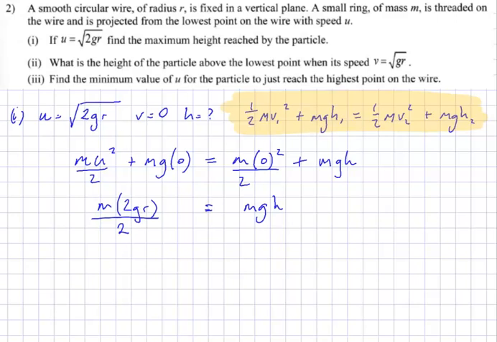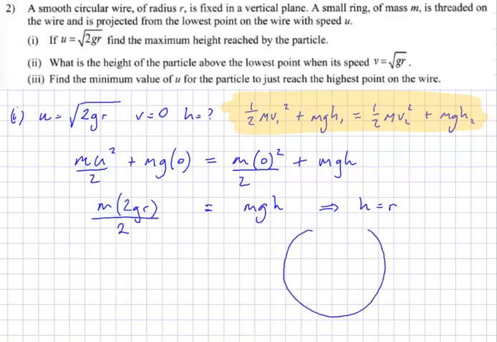The 2 cancels top and bottom. The g's cancel top and bottom. And we end up with just h is equal to r. So let's just imagine what that actually means. So it's moved vertically up a distance that's equal to the radius of the wire.